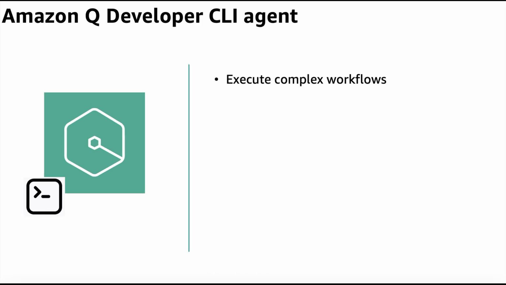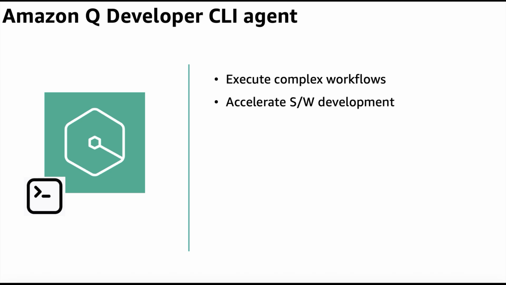You can now execute complex workflows autonomously through an interactive coding experience. Also, streamline development workflows with natural language conversations and contextual awareness. It significantly accelerates the software development process and supports the following operations.